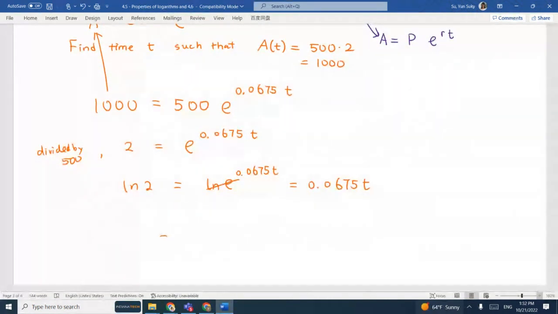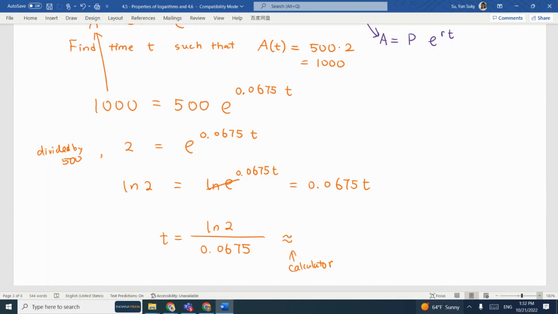Aha! What is t? The ln of 2, right, divided by 0.0675. Okay. Now you use the calculator.